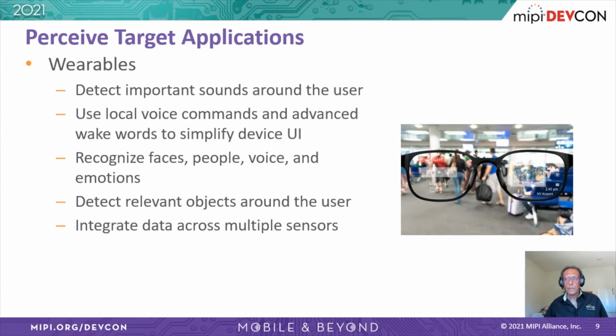For wearables, you can also detect important sounds around the user and use local voice commands and advanced wake-up words to simplify the user interface. You can also recognize faces, voices, and emotions, detect relevant objects around the user, and integrate data across multiple sensors.